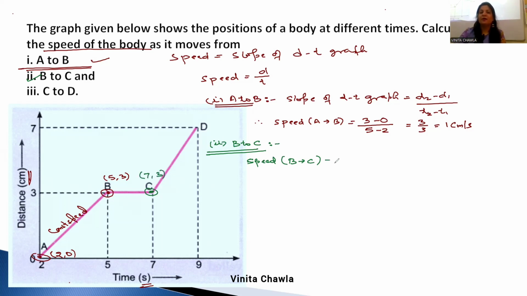So we will write y2 minus y1, so 3 minus 3 upon t2 minus t1, 7 minus 5. 0 by 2. It is 0 centimeter per second. The object is not moving at all. It is at rest. And we can see that this line is parallel to the time axis. In a distance time graph, if we have a line parallel to the time axis, then it means that the object is at rest.